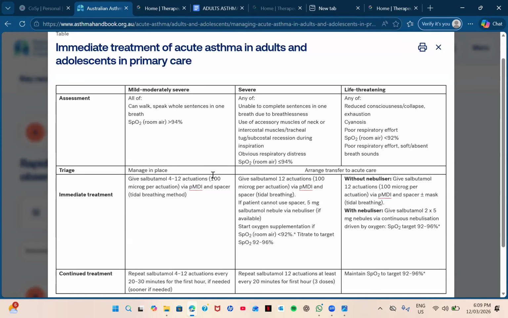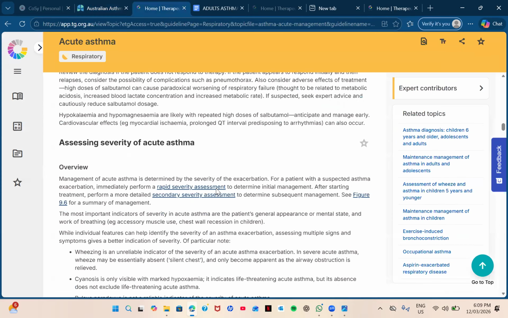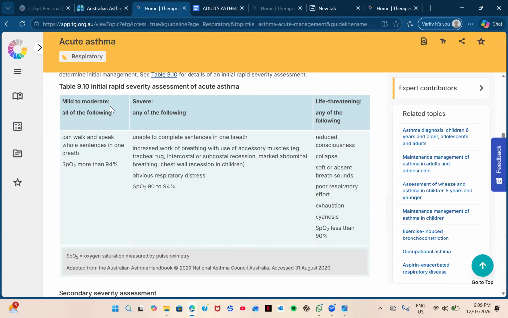Mild to moderate, the same thing, okay? I'll show, because some doctors are thinking these are different. Here the initial rapid severity assessment is the same: can walk and speak a whole sentence in one breath, SpO2 more than 94%, right? Here all of the following should be there. The same thing, doctor, okay? That's why I'm telling you, don't confuse those two things.